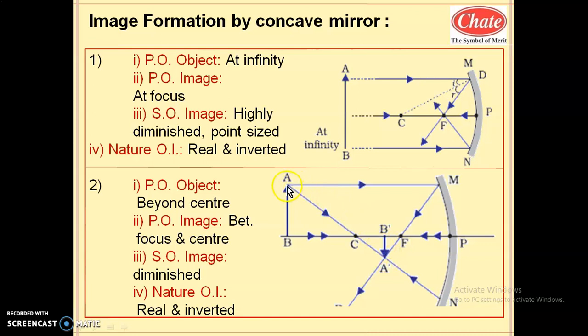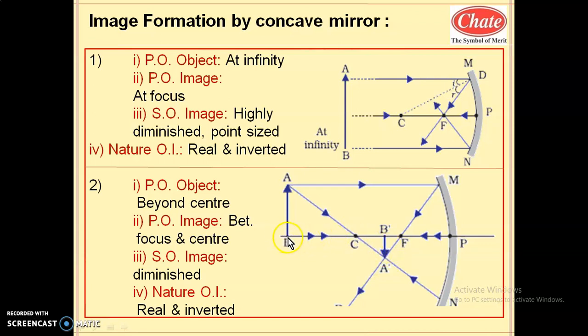So here this is the reflection of this A point. Mark it as A dash. Show the object like this, because as this is A dash, B point remains on the principal axis. So here the image is inverted and diminished.